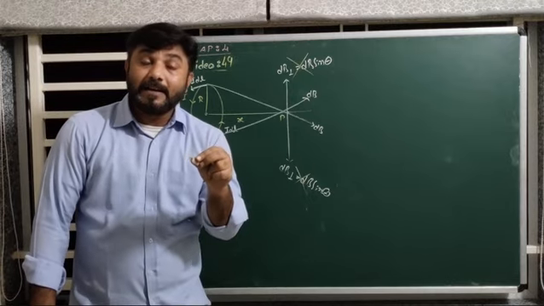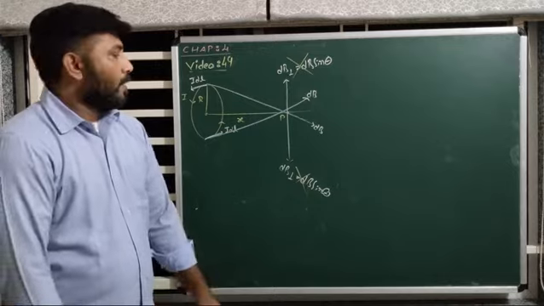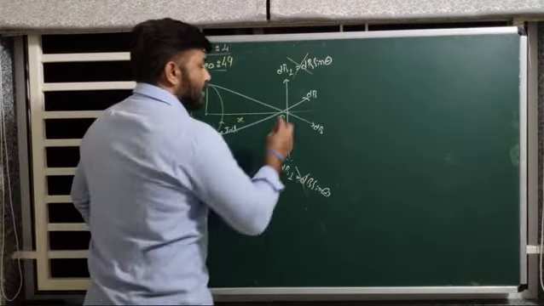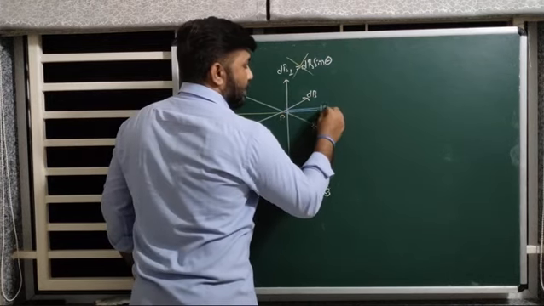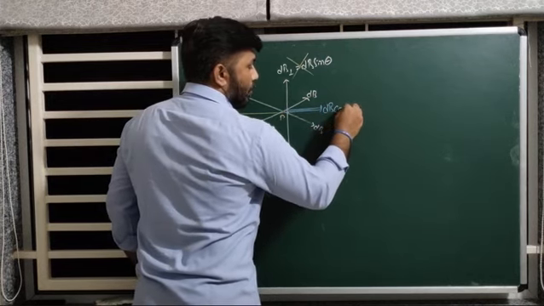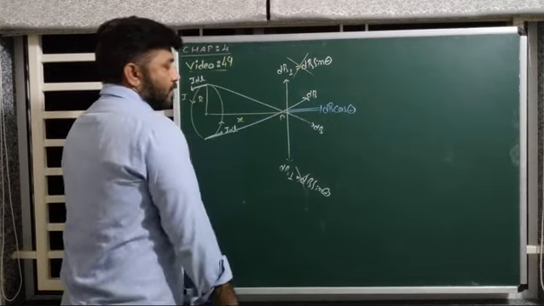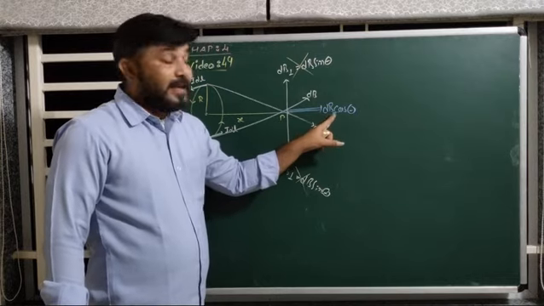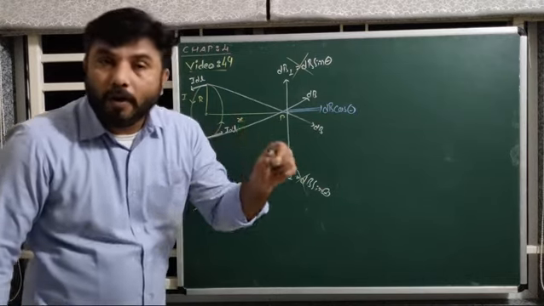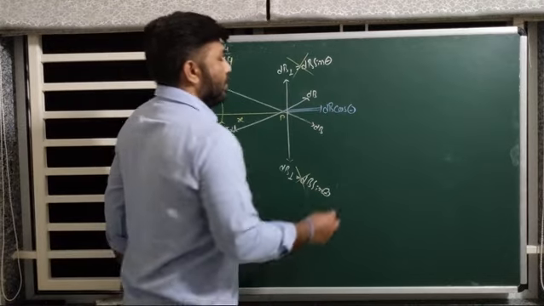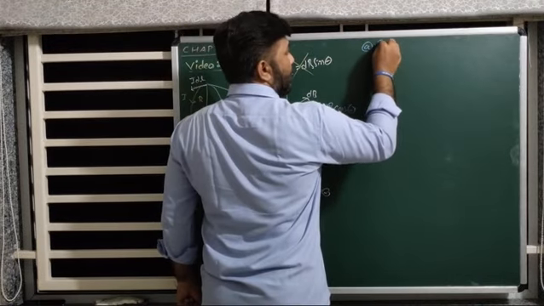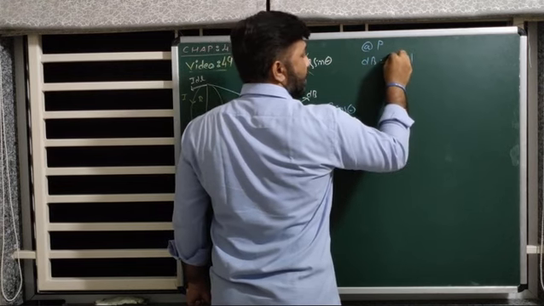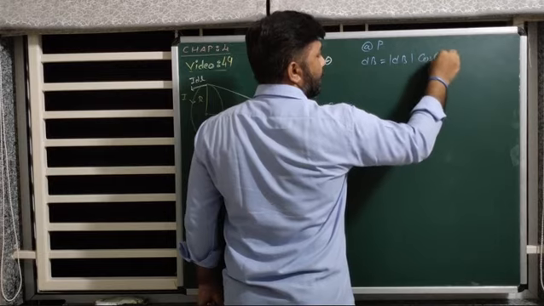Now, which component remains? Only dB cos theta remains, so the magnetic field produced at point P is due to dB cos theta only.